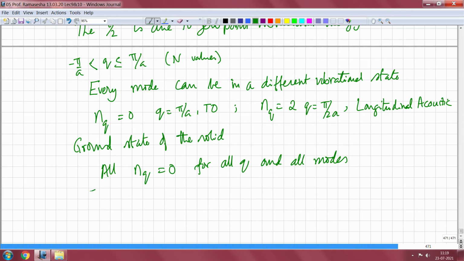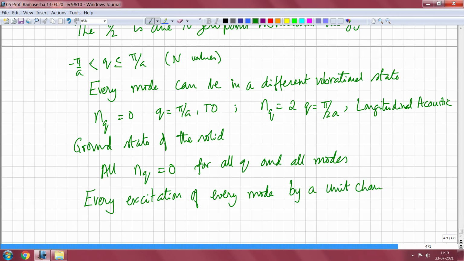So every excitation of every mode by a unit change in the quantum number corresponding to the mode is called a phonon.